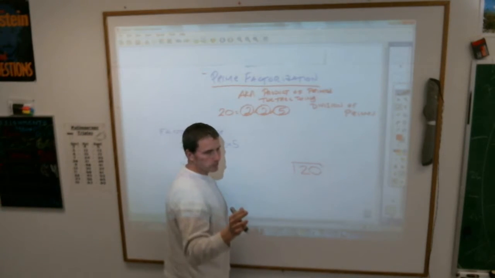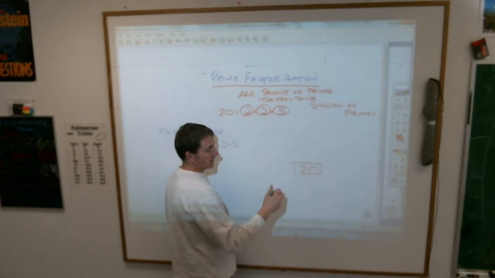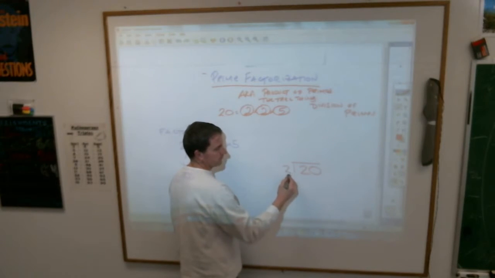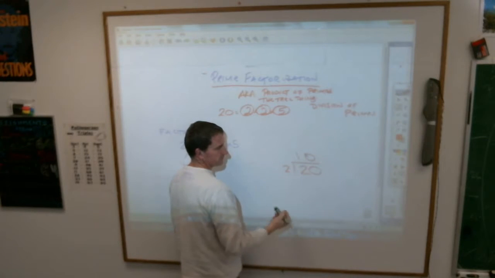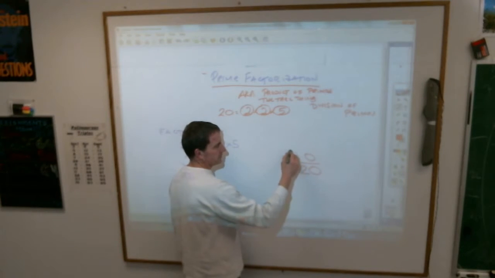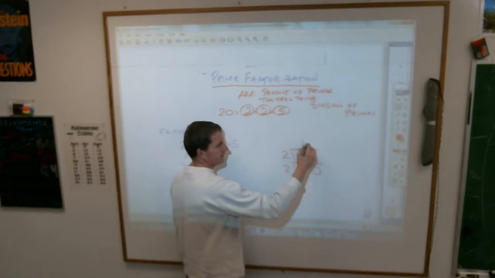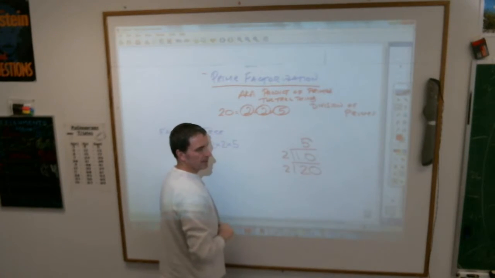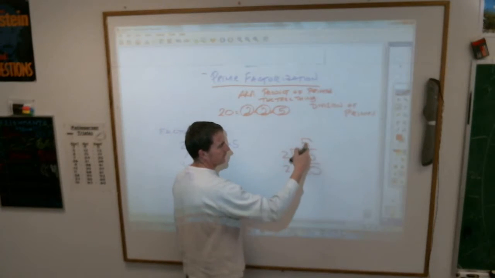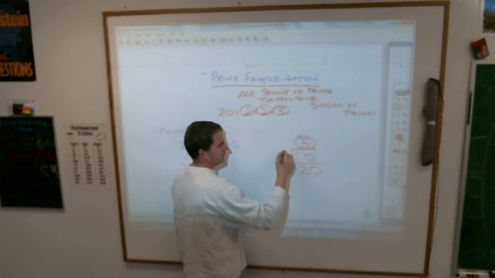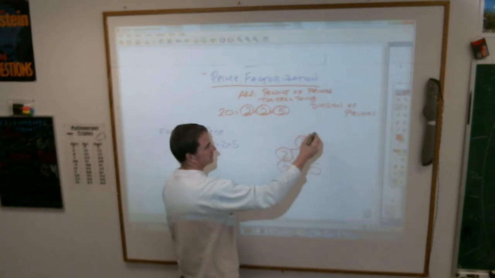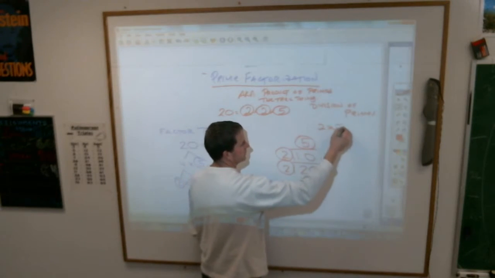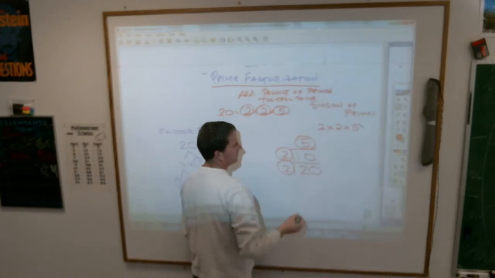If you can, always try 2s because it cuts numbers in half. So I start with the 2. Half of 20 is 10. What number goes into 10? I can cut 10 in half again, divide by 2, and I get 5. 5 is a prime number, so I can stop. So I've got my prime numbers that when I multiply them give me 20: 2 times 2 times 5.